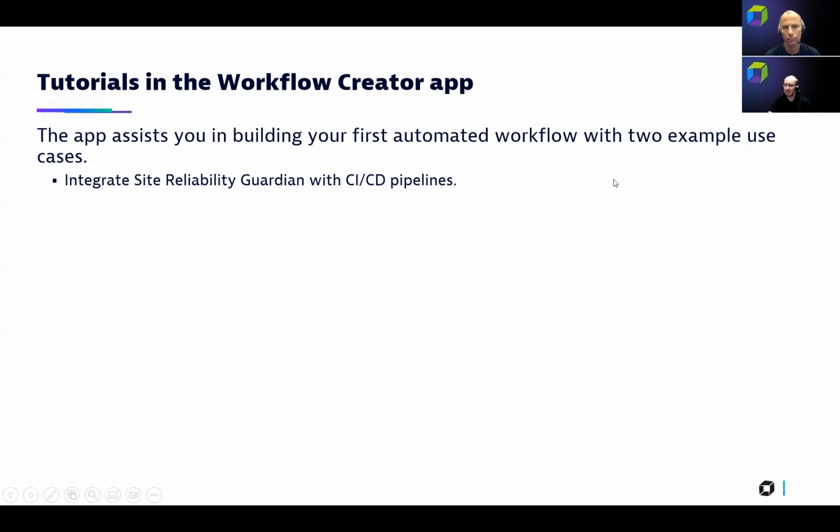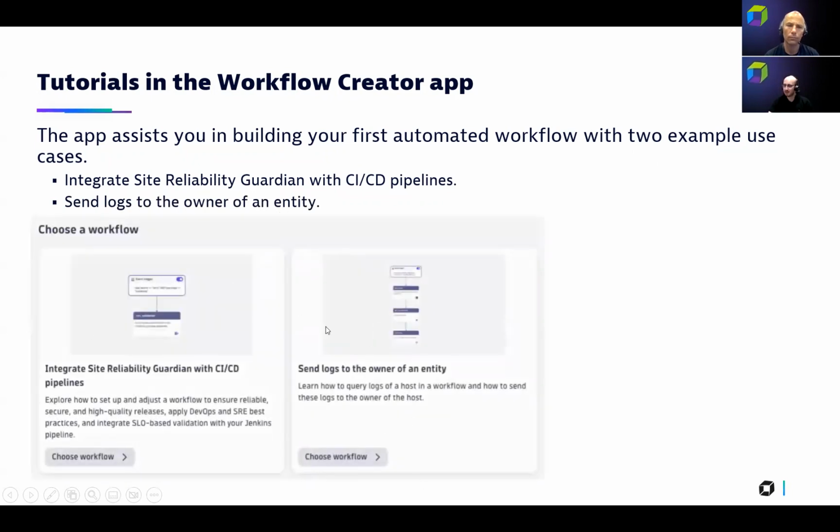You can see two examples in this app. The first is how you integrate your Site Reliability Guardian with your CI/CD pipelines. The second is the example that I shared with you, sending logs to the owner of an entity. These are available under the workflow section of this application. I'm also going to show you quickly where you can find it in your platform.